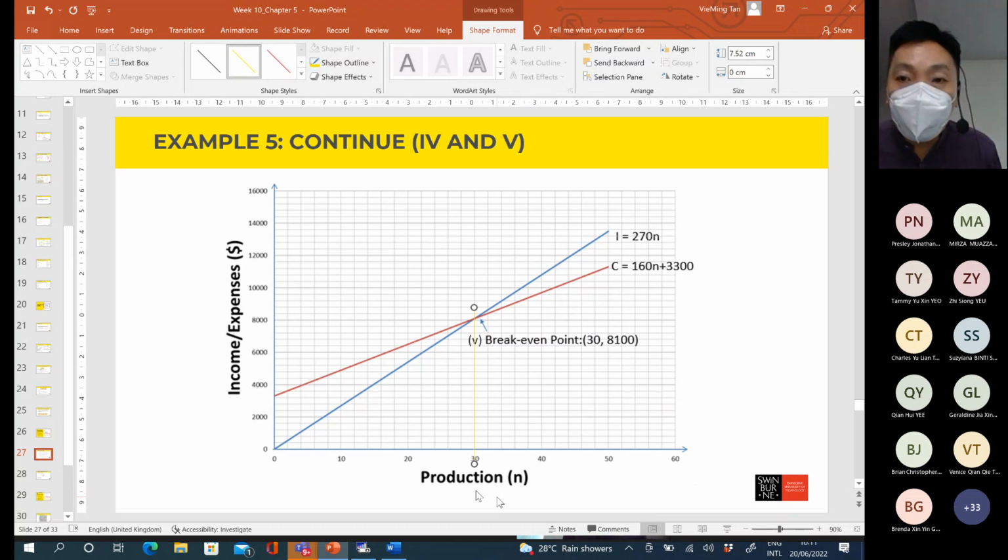And the break-even point is 30. And how about the income? If the company managed to sell 30, what is the income value? The income will be 270 multiplied by 30, so you get 8,100. So that means no profit and no loss at this level.